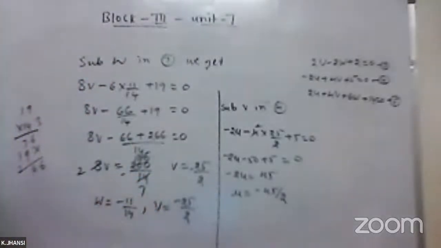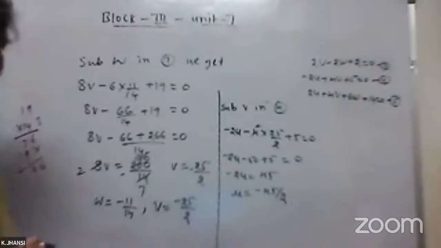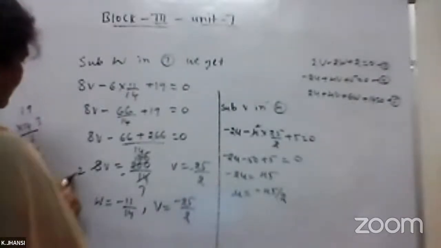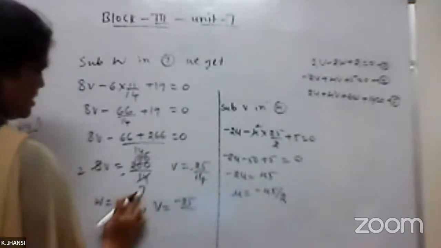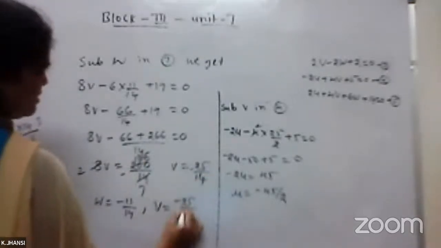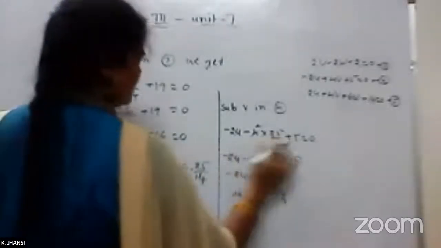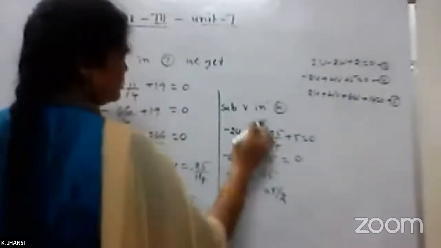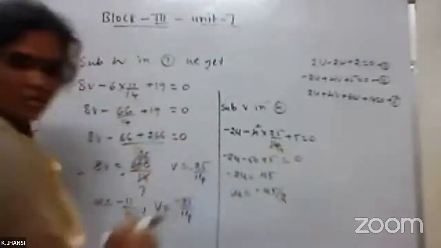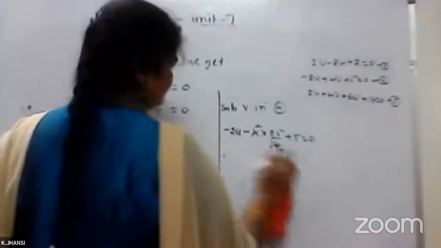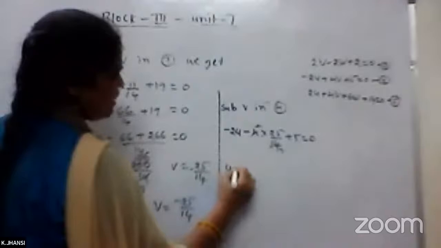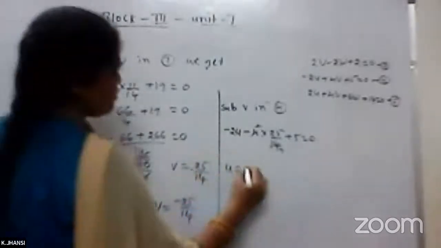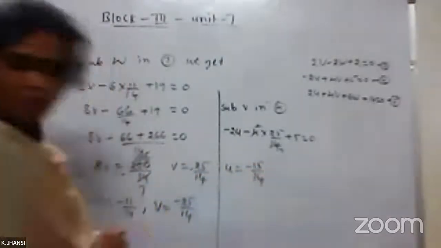Once you do the correction, here 7 is there. So when you simplify this, so you will get u value as, I am writing directly, u is equals to minus 15 by 14.